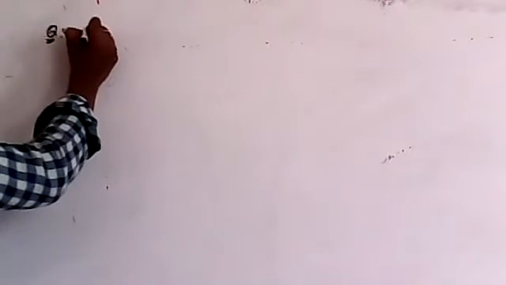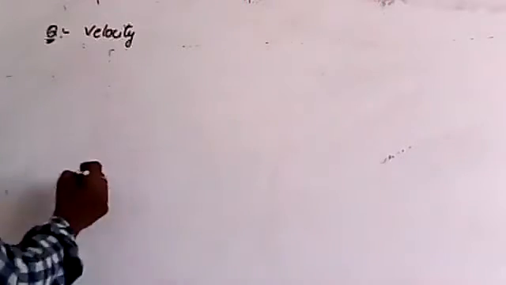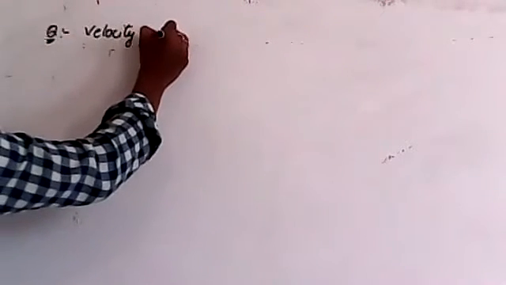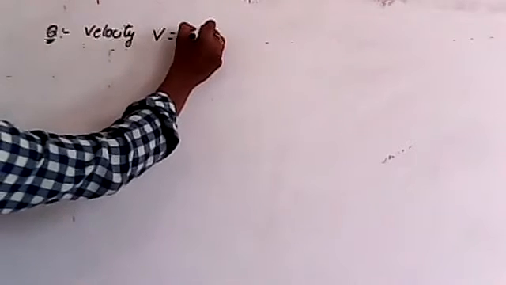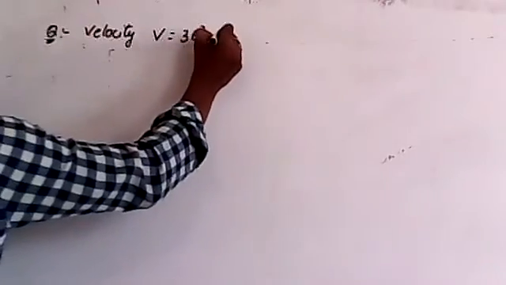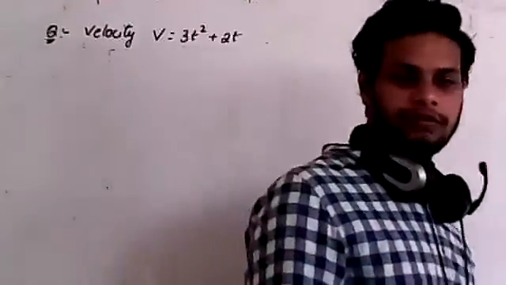Write down the question. The velocity of a particle is given by 3t square plus 2t.